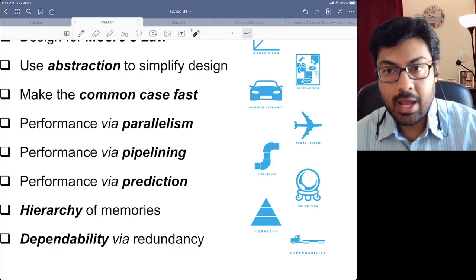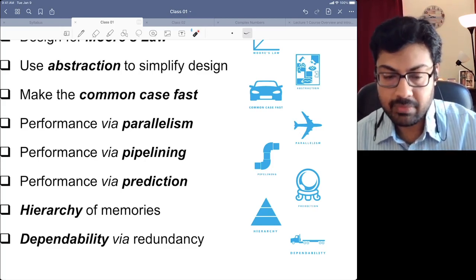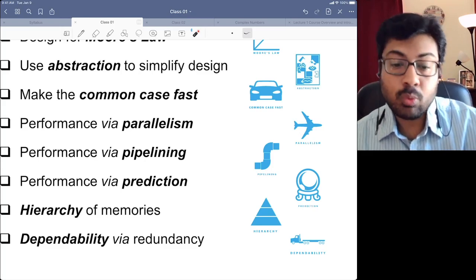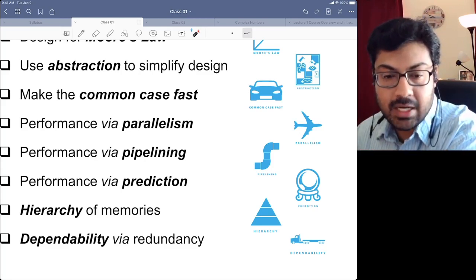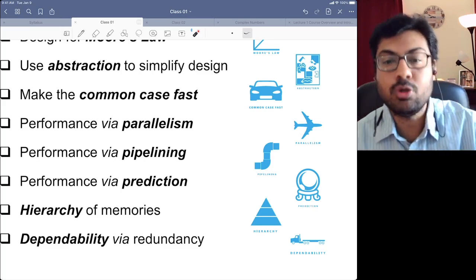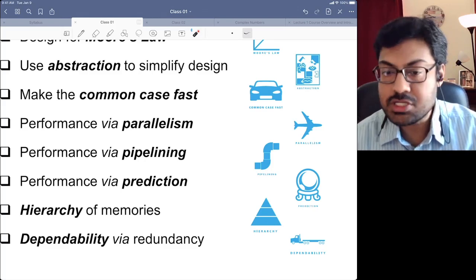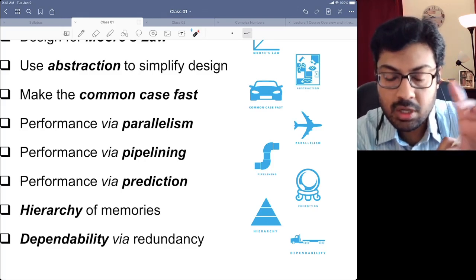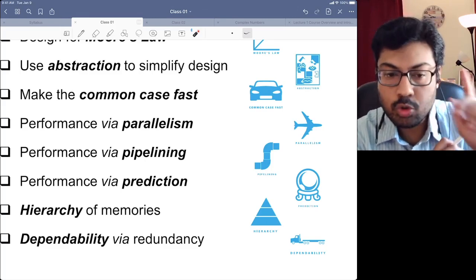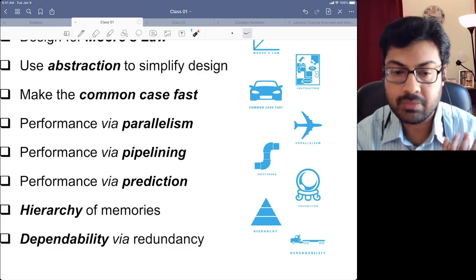Now, if a particular instruction is using one resource, are you going to wait for that instruction to get completed and then reuse that particular resource? Or as soon as the first instruction gets done with a particular resource and moves on, you use that resource for another instruction, right? That's pipelining.